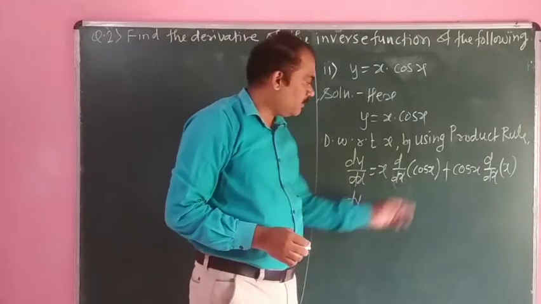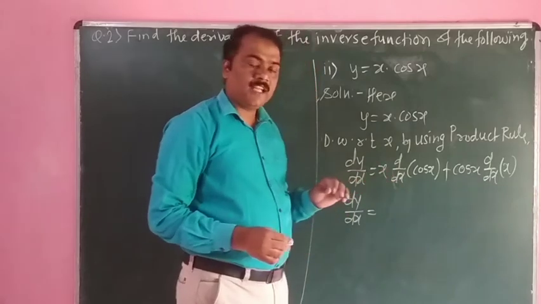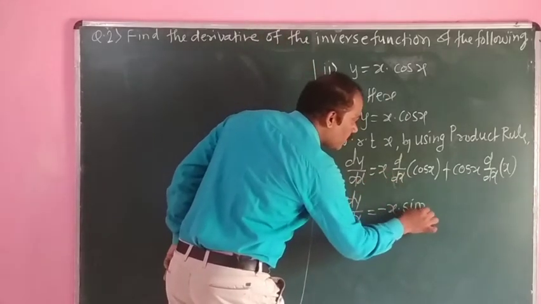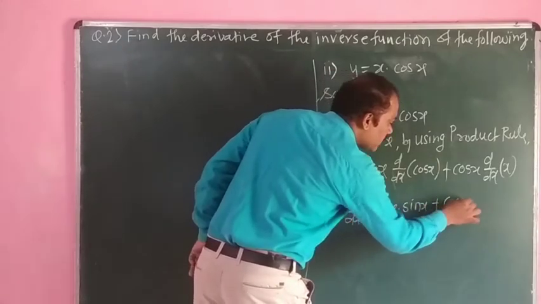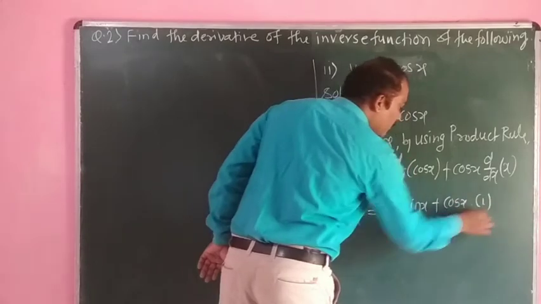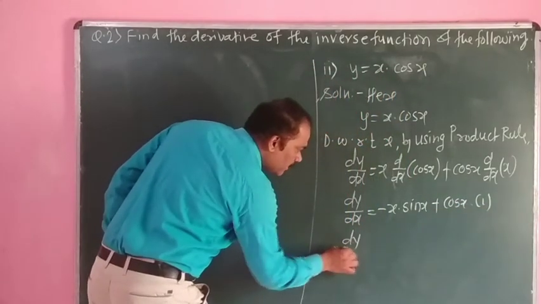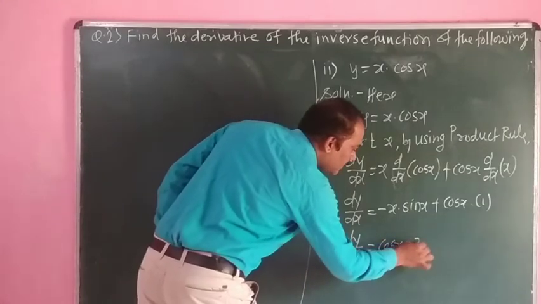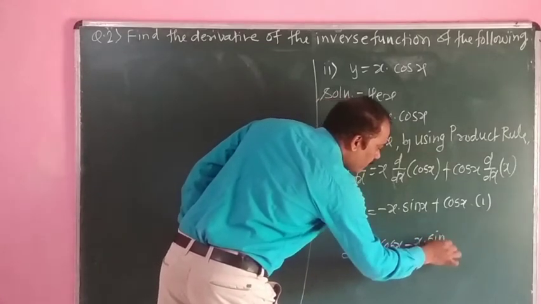Derivative of cos x is nothing but minus sin x into x, that is minus x sin x, plus cos x into derivative of x with respect to x, which is nothing but 1, so that we can write this dy by dx is equal to cos x minus x sin x.